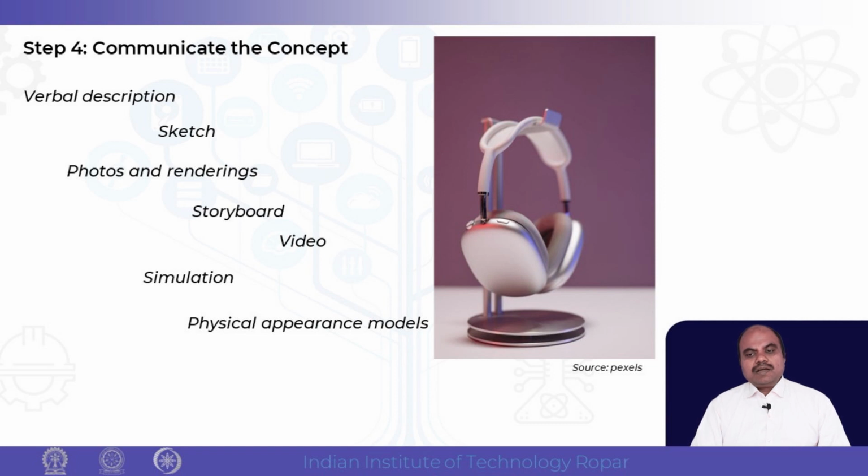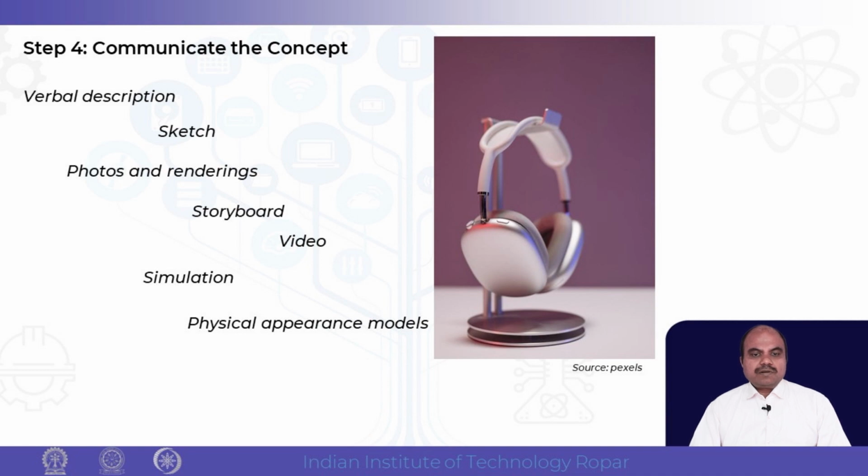Take for example, we have created a headphone which can be used with a mobile or with a laptop, over the head. Now there are so many possibilities of this. So verbal description is not always a good idea. A second possibility is a sketch. Once you sketch it, you show it to the users. But sketching is often 2D.